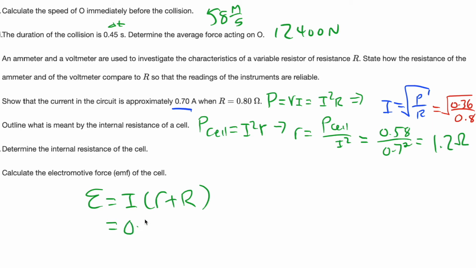So it's going to be 0.7 times 2, right? Because here 1.2 plus 0.8 is equal to 2. So this is equal to 1.5 volts. Right. So remember that electromotive force is supposed to be a constant.